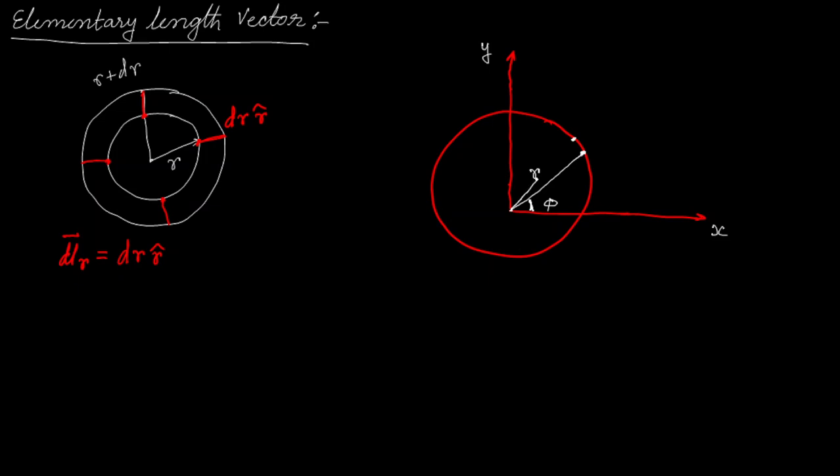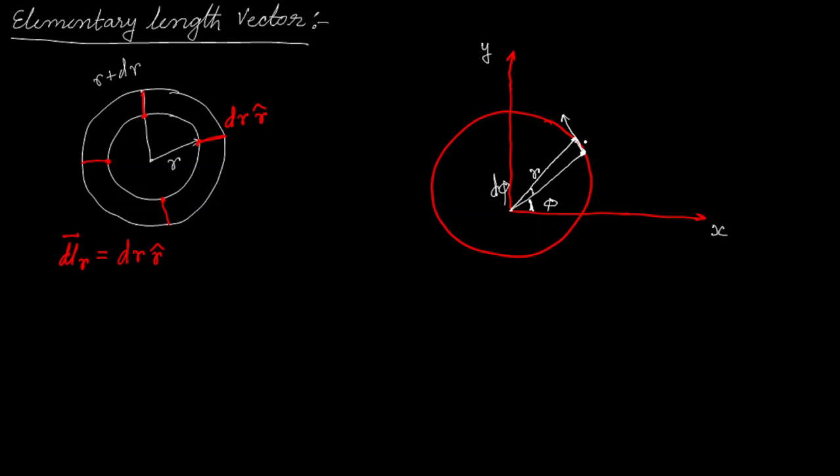And I have already shown in the last phase that this is the direction of phi cap. If we draw a vector like this, this is the direction of phi cap. So when you increase the value of phi by a small angle d phi, this point will be shifted along the phi cap direction.